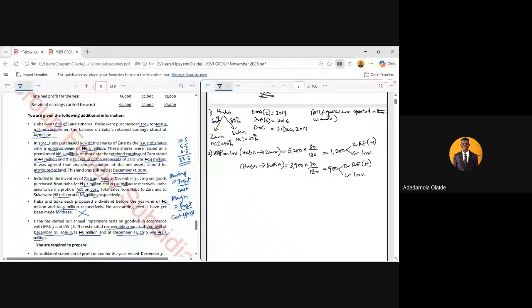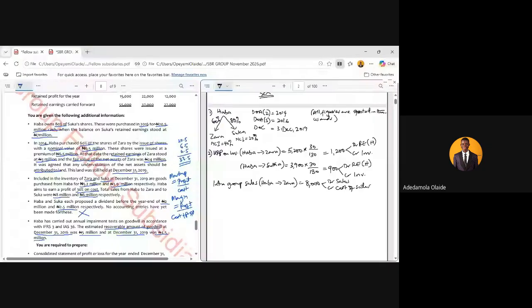So we can also say intra-group sales. Like we said, we have to derecognize it because we are consolidating. So the one Abba sold to Zara is 8 million. So the 8 million, we'll debit it to the sales and credit it to cost of sales.